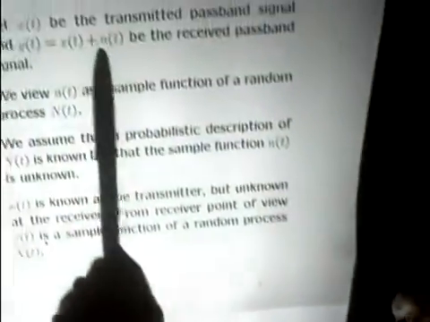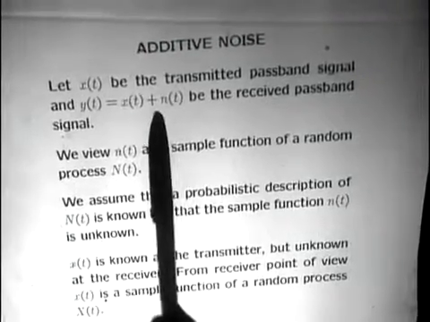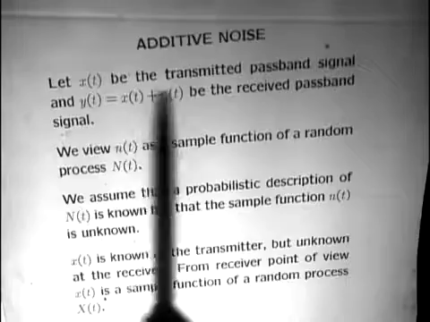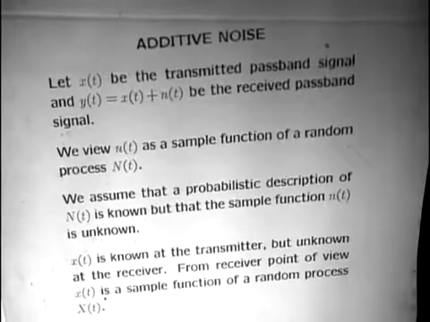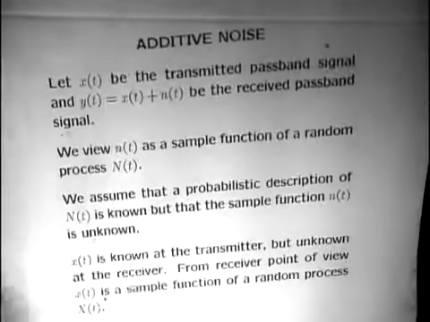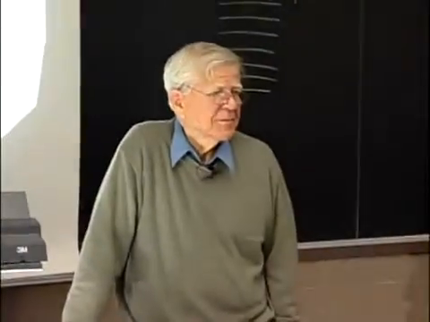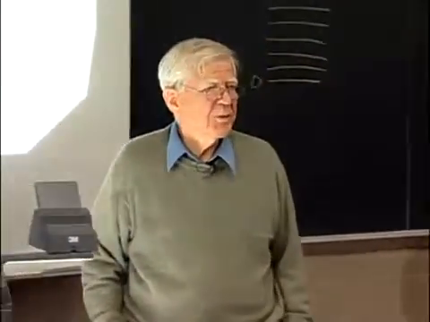This we're viewing as some kind of noise waveform. What we're going to assume is that in fact these two random phenomena are independent of each other. And when I write this, you would believe that if nobody told you to think about it, okay? Because it just looks like that's what it's saying.